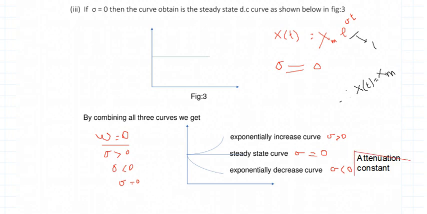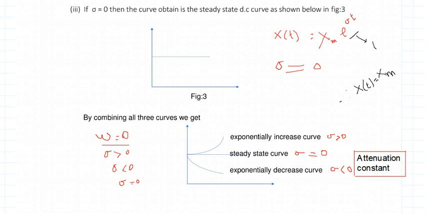Why is it called attenuation? What was sigma that we initially considered at the start? What was sigma doing? Sigma was controlling the magnitude. Is this not what I told you at the start, that sigma controls the magnitude of the signal?